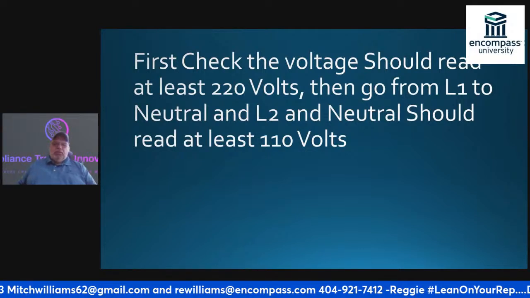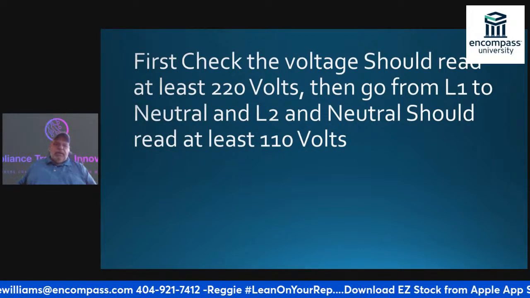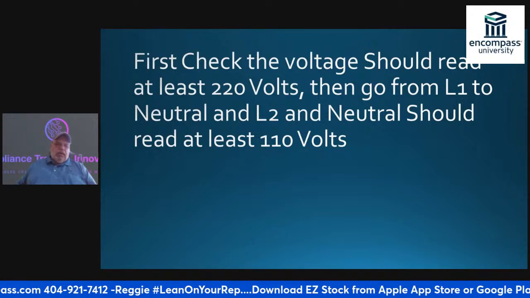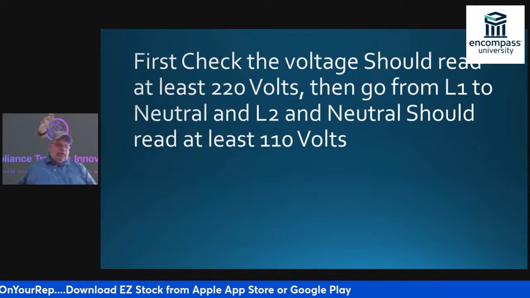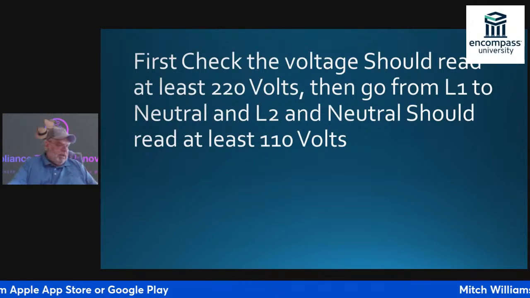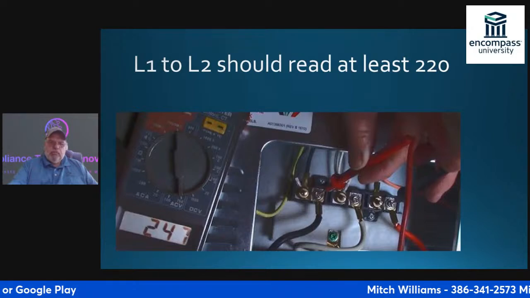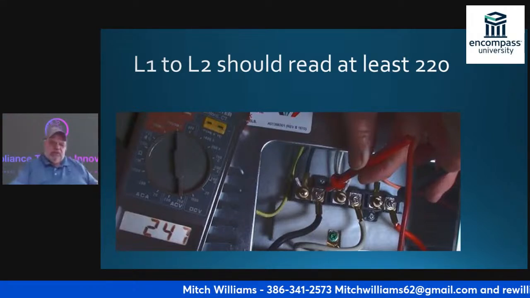Then I can go between L1 to neutral, I should get 110. If I go between L2 and neutral, I should also get 110 volts. That will tell me if I'm dropping my neutral. The L1 to L2 should read, like I said, 220 volts.